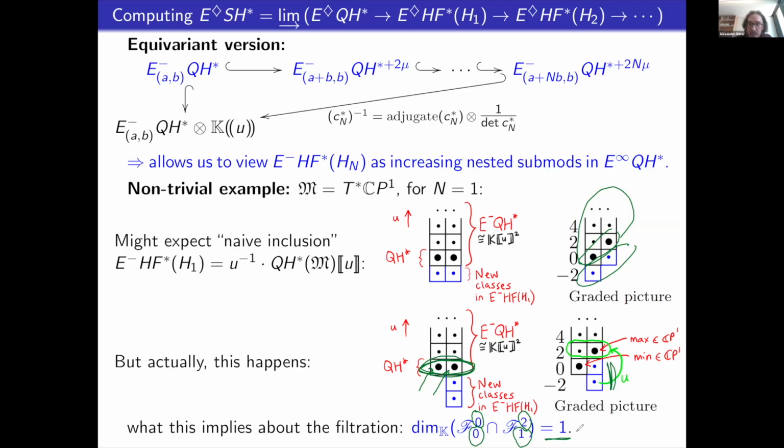And here the answer is that we've got a one-dimensional space worth of classes that are U squared divisible, because here we have this new generator that under multiplication by U squared gives rise to some interesting class in classical quantum cohomology that's U squared divisible suddenly in the Floer theory. Yeah, so all these pictures, they mean complicated things for these filtrations.